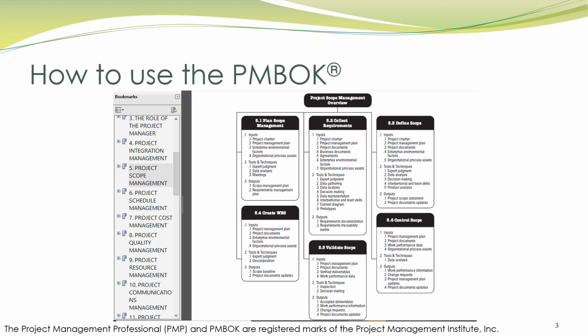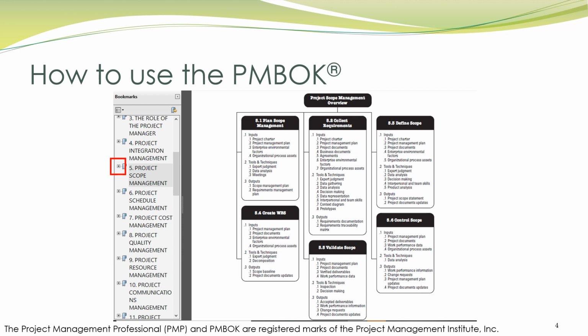These are all the inputs and outputs, as well as tools and techniques that apply to each process. If you wanted to see a specific process, just click on the plus sign in the sidebar and you can zip right to a process you may want to review. Okay, that's how to use the PMBOK.